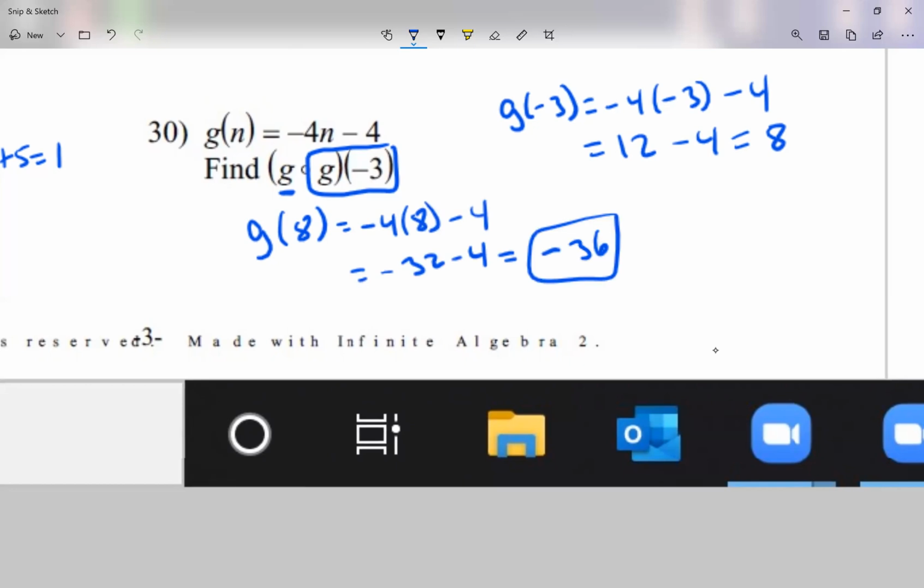So sometimes I might just give you guys one function. In this case, I gave you guys the function g, and I used it twice. So I did g of -3, which gave me 8, and then I do g of my result, so g of 8. Let's take a look at a couple more examples.